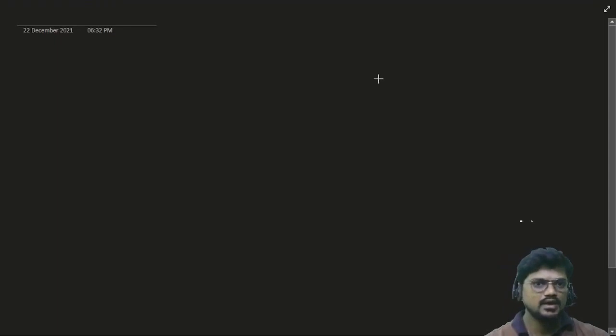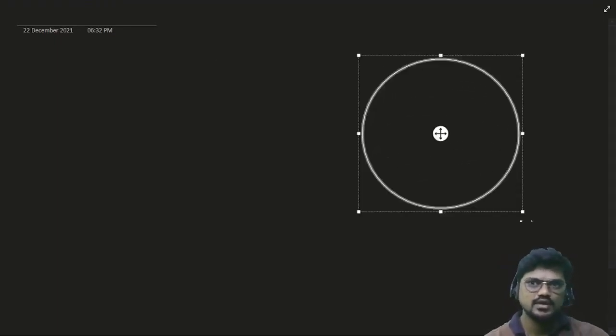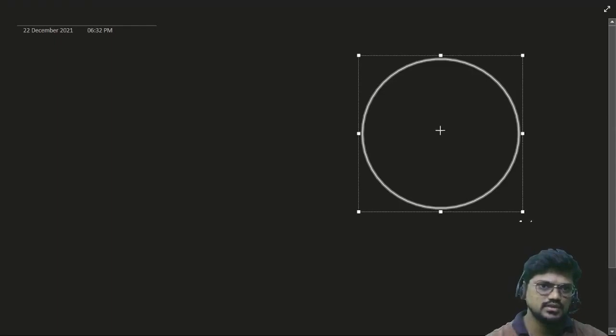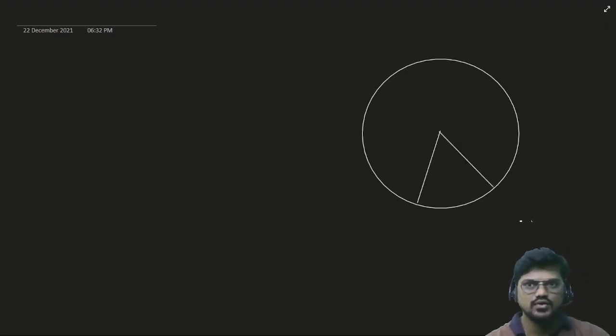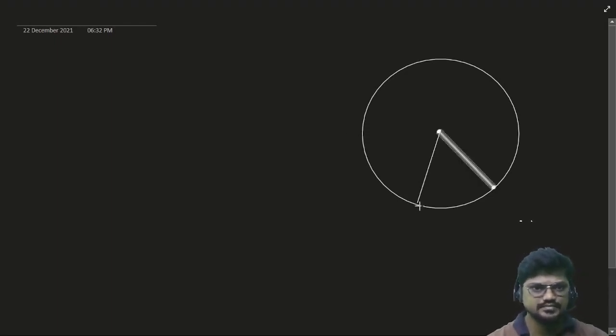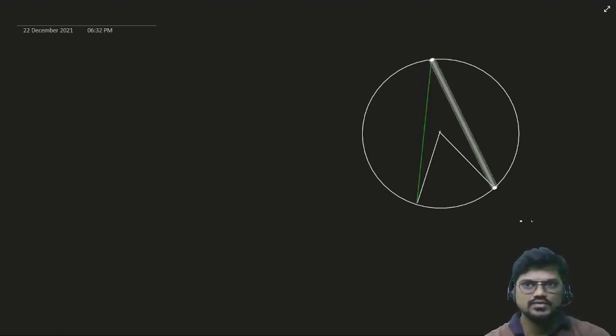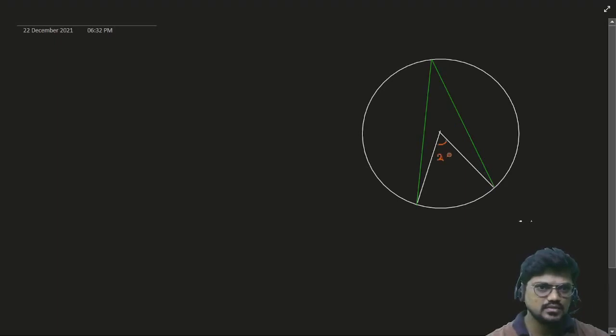See, if you have a circle like this, and suppose this is the central angle, and now if you draw this kind of lines, if this is 2x, this will be x for sure.